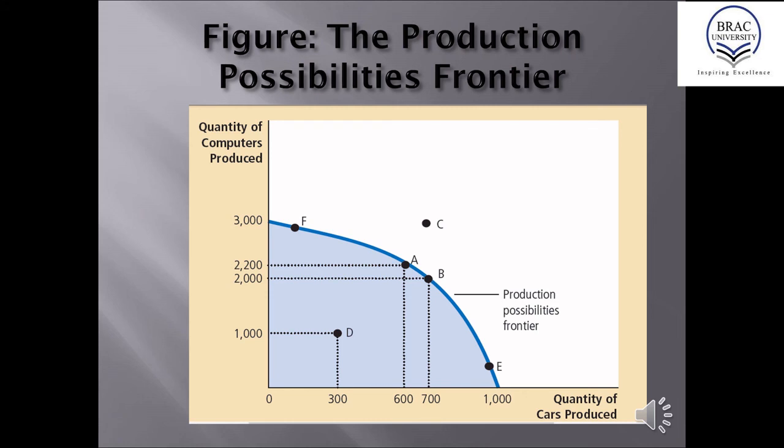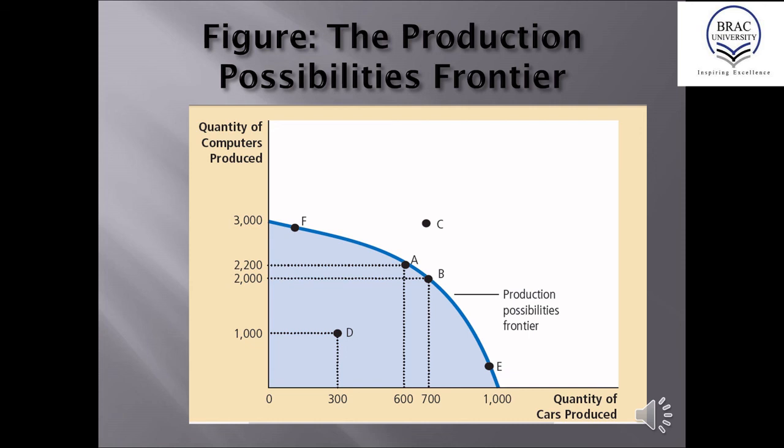Next, we look at the graph and explain how the PPF illustrates the concept of opportunity cost. If you compare two points on the PPF, point A and point B, at point A the country is producing 2200 computers and 600 cars.